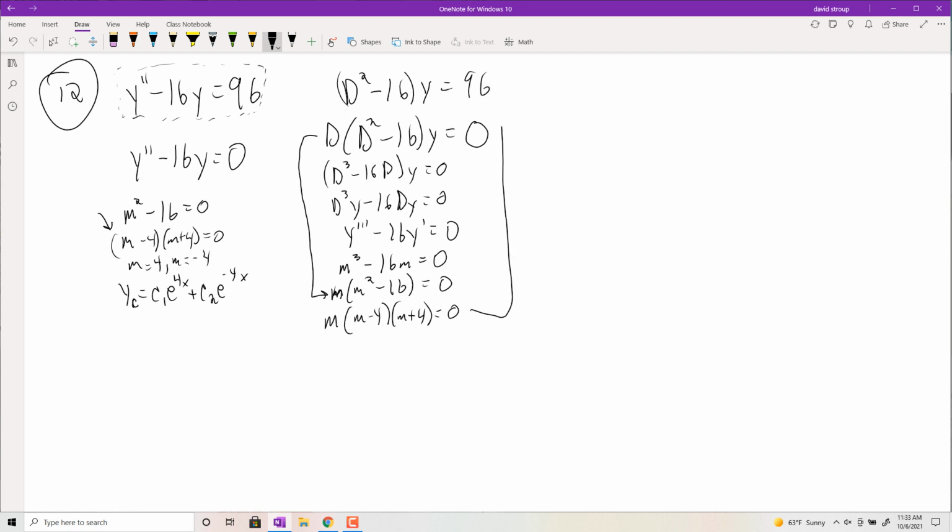Then the roots of that thing would be 0, 4, and negative 4. So the solution of this new homogeneous differential equation is going to be, the 0 just gives you a constant, c1, plus c2 e to the 4x, and then plus c3 e to the negative 4x.